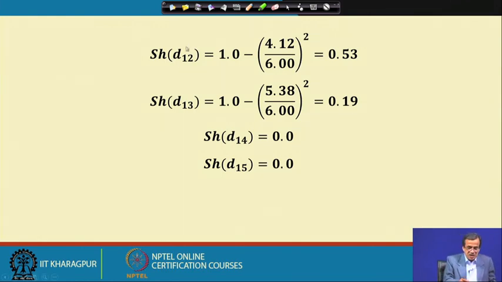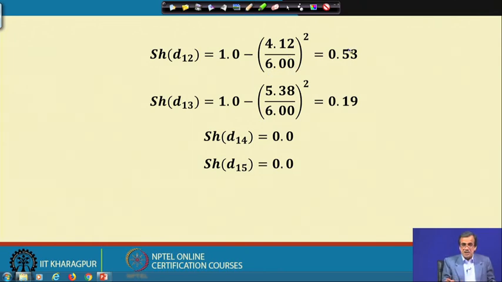The sharing function value between 1 and 2 is nothing but 1 minus (4.12 divided by sigma CR, that is 6.00) square, because here the d ij is 4.12 and that is less than the sigma CR, that is 6.00, and that is why.